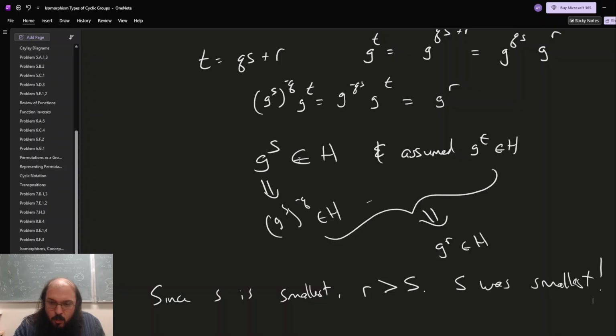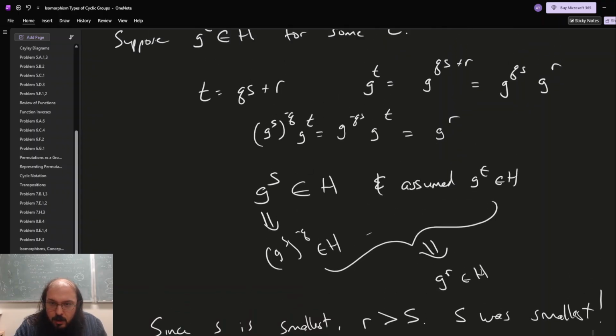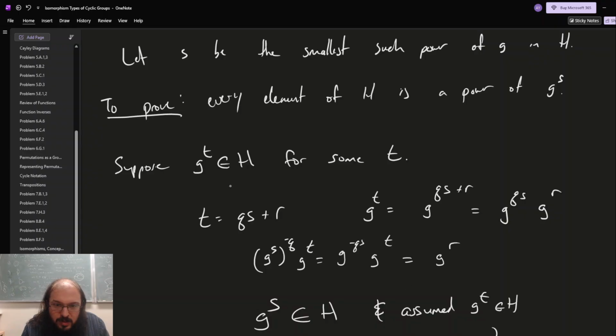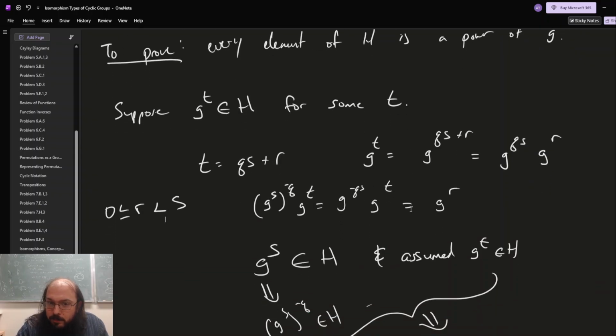So what does that mean? We haven't reached a contradiction. The only issue is that when we wrote down this assumption here, when we did the division, the requirement on the remainder is that r be less than s. Well, if r was 0, there wouldn't be any problem.